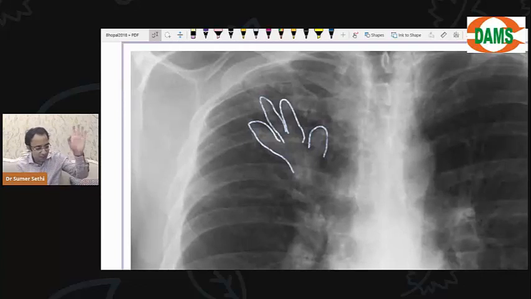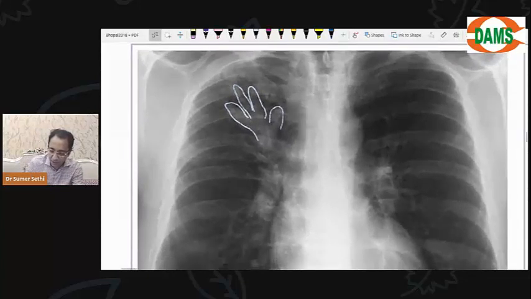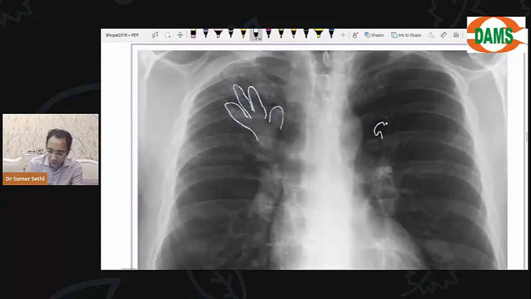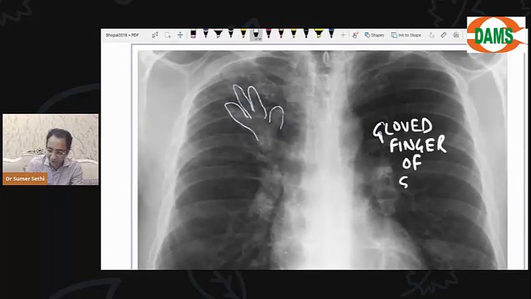Now please see this here. This is called the gloved finger appearance. Sometimes called the gloved finger of Simon appearance. Very, very important. I can see, can you see?